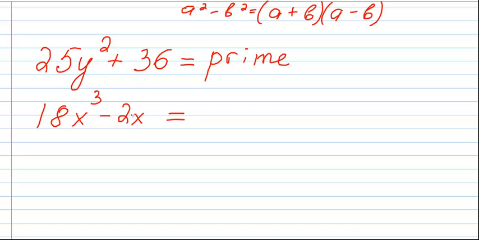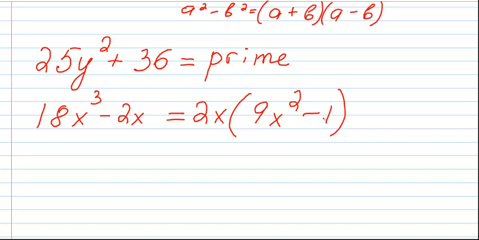And if you look carefully at both terms, we see that 2x is a common factor for both terms, and when we take it out, what is left of the first term is 9x squared minus 1. And inside the parentheses, a difference of two squares has emerged.